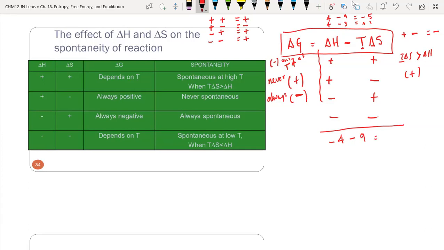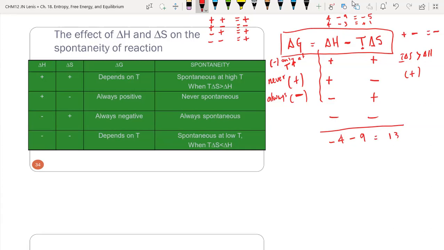You add, it's going to be 13. Let's see the other possibility. This number is fixed because we only have delta H here. So this one will change the magnitude depending on temperature.